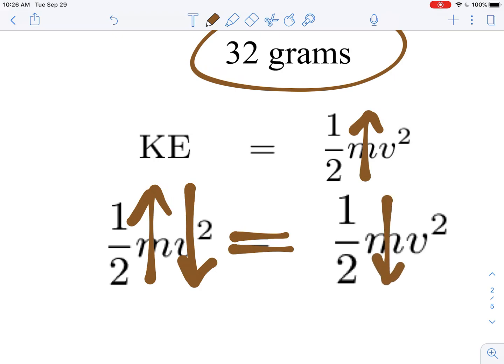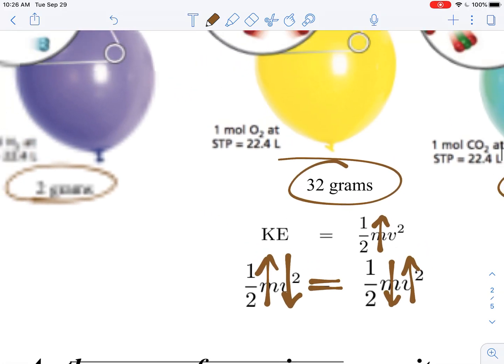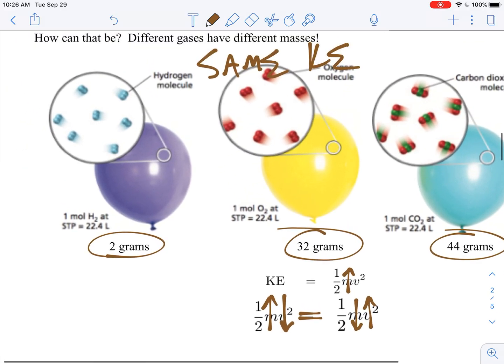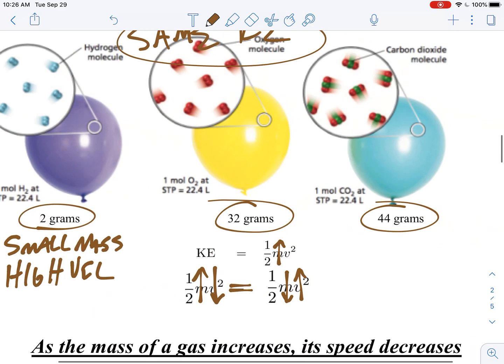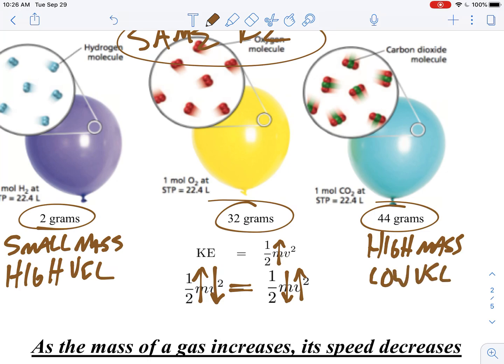If you have a small mass, then you're going to have a high velocity, because our evidence quite clearly shows that the kinetic energy has to be the same. So this one here has a small mass, which means that it has to have a high velocity, whereas this one over here has a high mass, so it has to have a lower velocity.